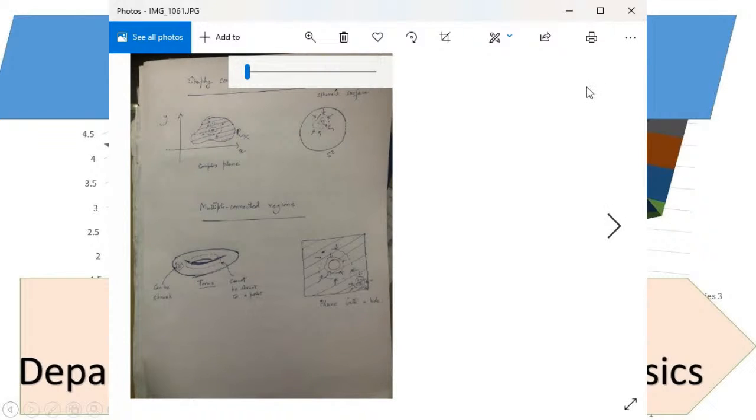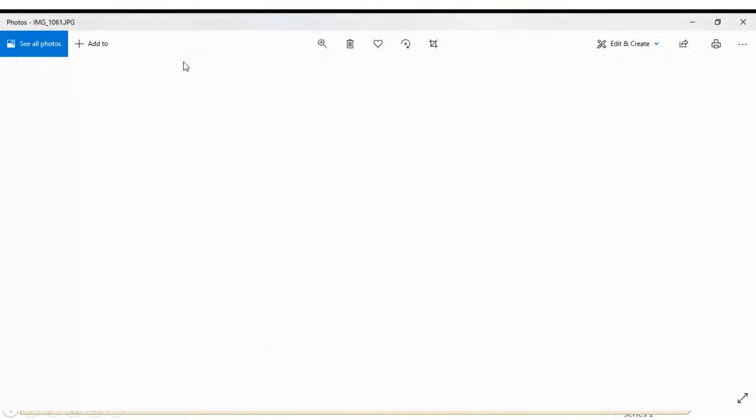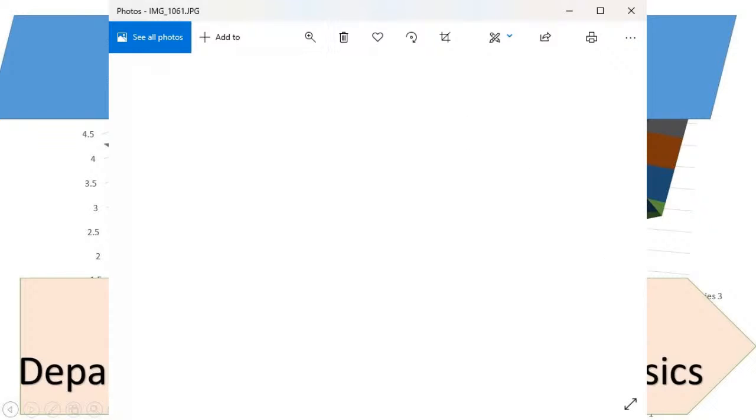I'm not able to zoom it. I tried maximizing, but it went off. I don't know what has happened.